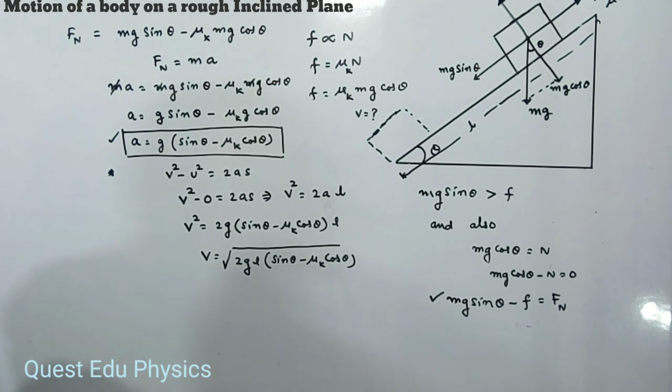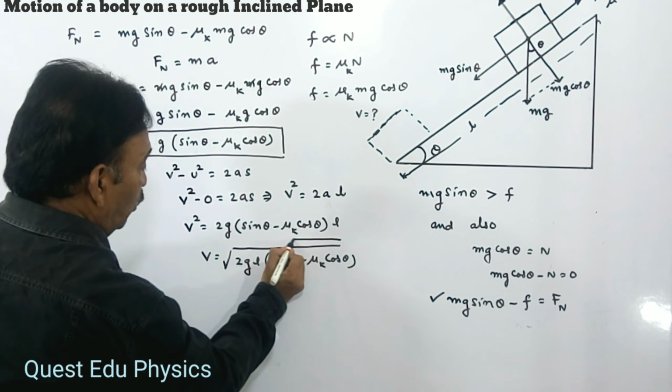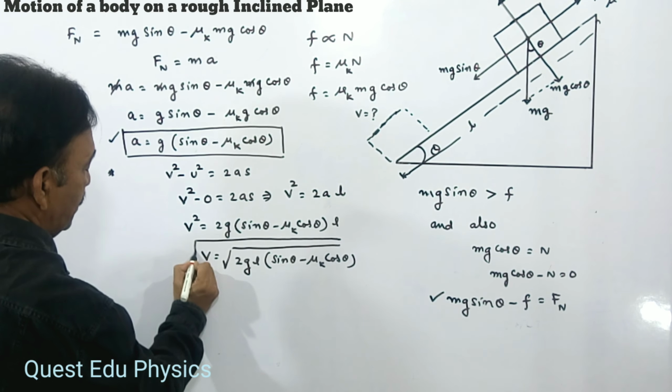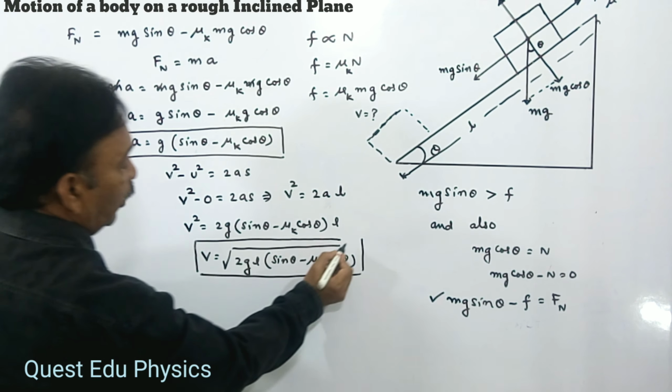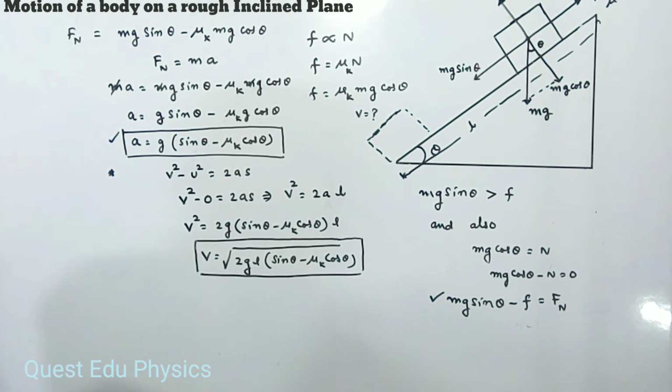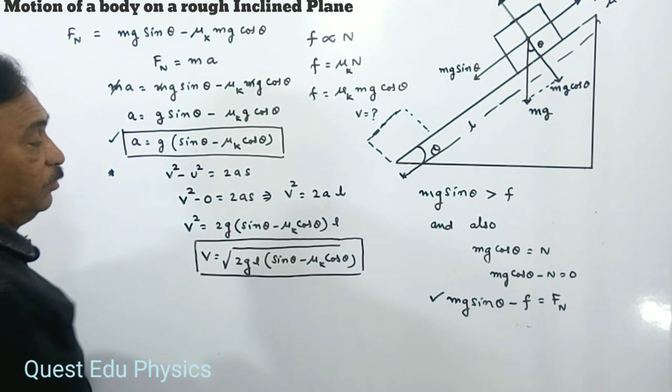Okay, it is the velocity of the body on reaching the ground. Okay students, I hope you understood how to calculate the velocity of the block when it reaches the ground.